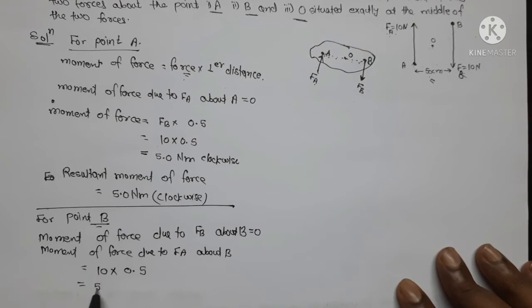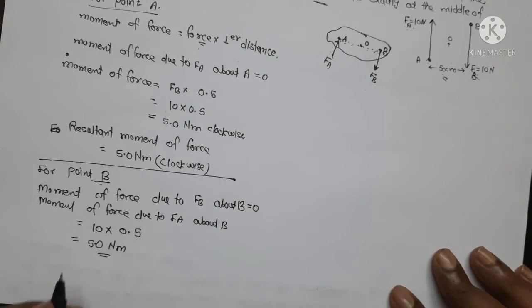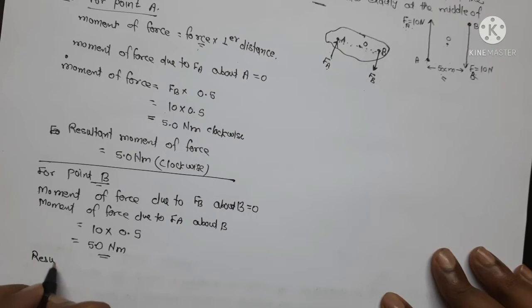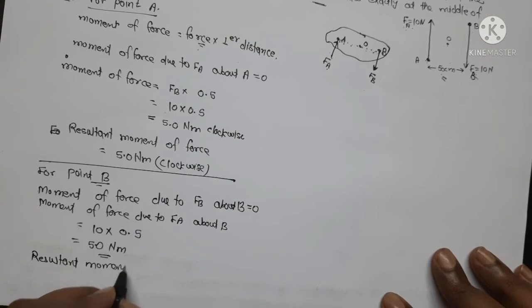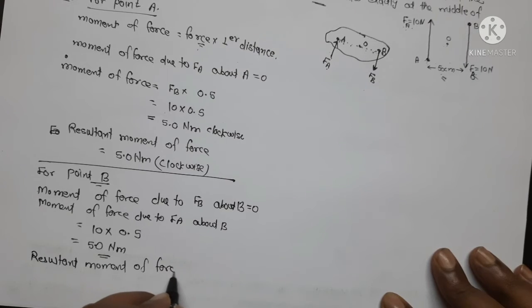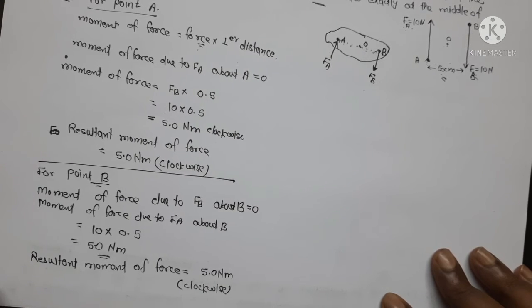So 10 fives are 50, with the decimal point, this will be 5 Newton meter. And what will be the resultant? Resultant will be the same as this one. Resultant moment of force will be simply 5 Newton meter, and it will be again clockwise.